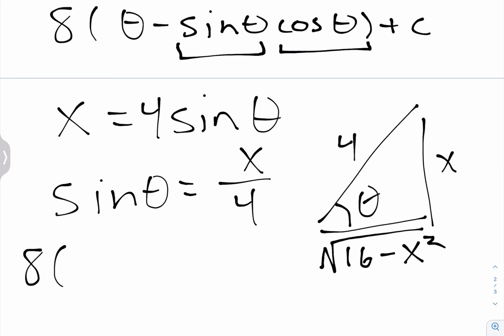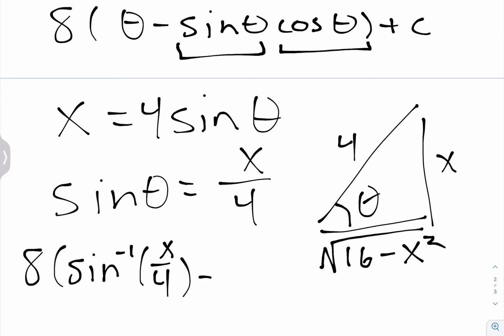So it's going to be 8 times, we know that theta is, well, let's figure it out right now. So sine theta is x over 4. That means theta is going to be the inverse sine of x over 4. And then we're going to be subtracting.